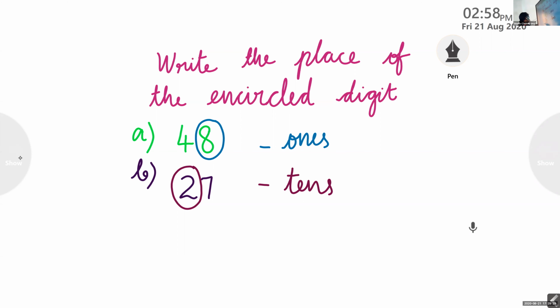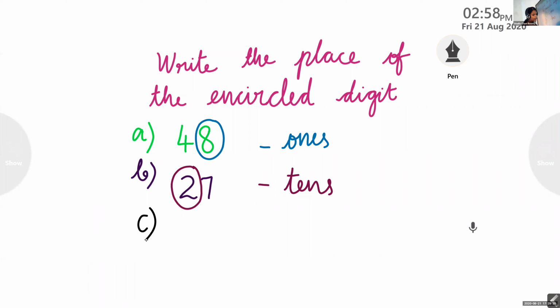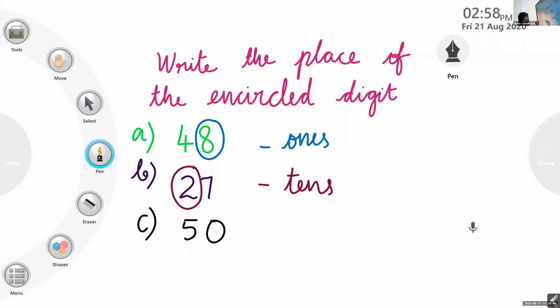Then we will move to the next number. Next one, that is C. In C we have 50. And the digit which is inside the circle is 0.